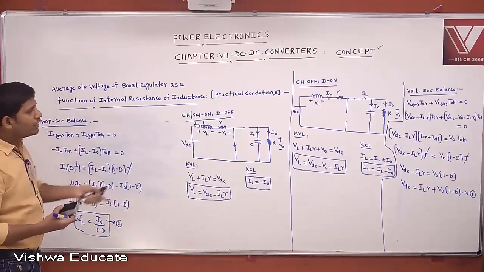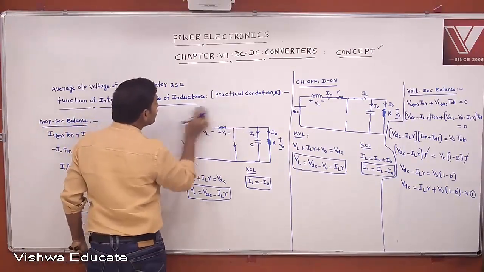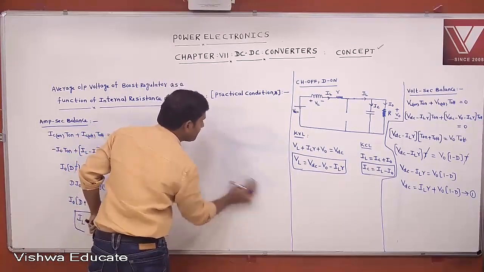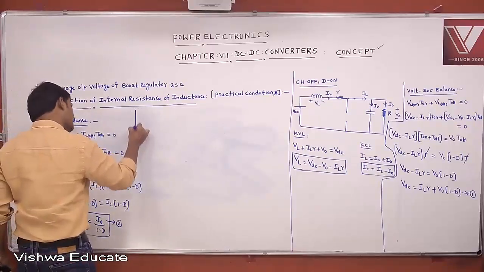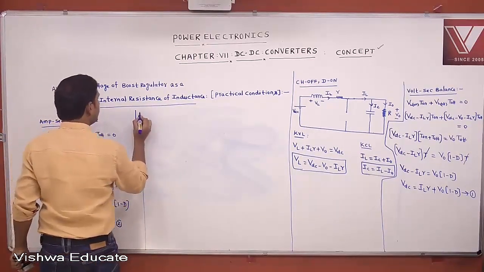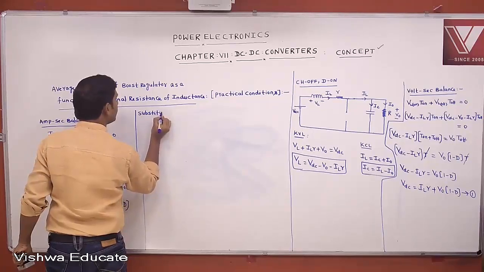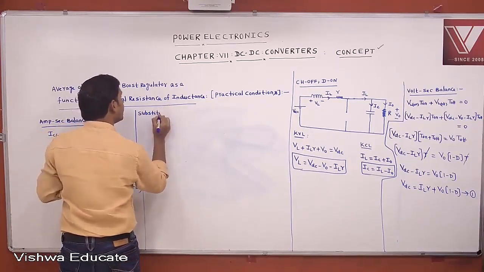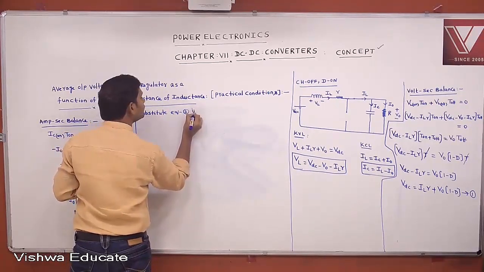Substitute equation 2 in equation 1. Why are we doing all this? To get the expression for average output voltage. Substitute equation 2 in equation 1.